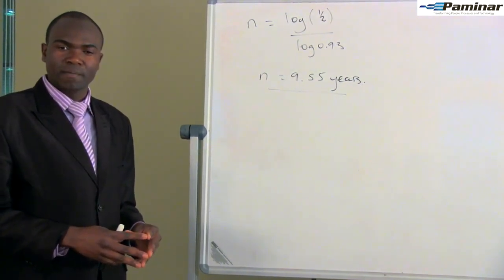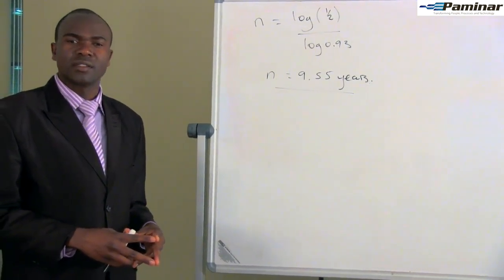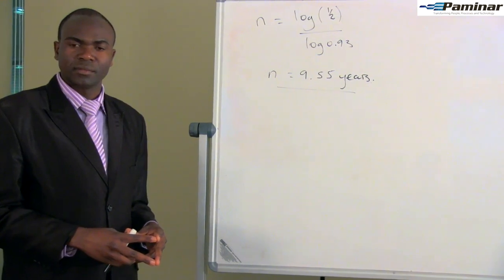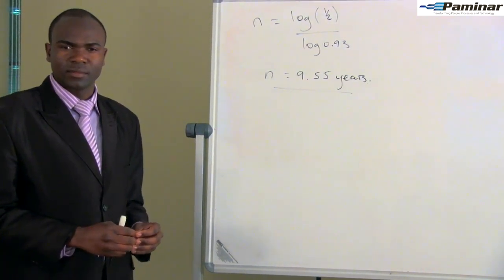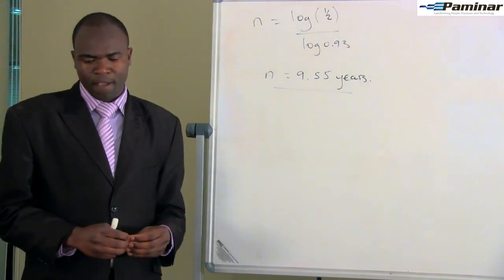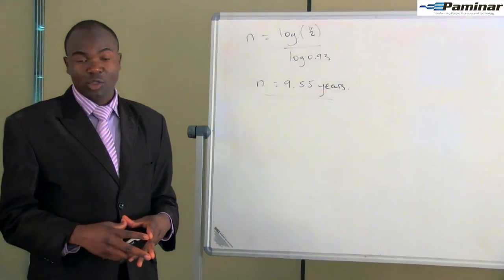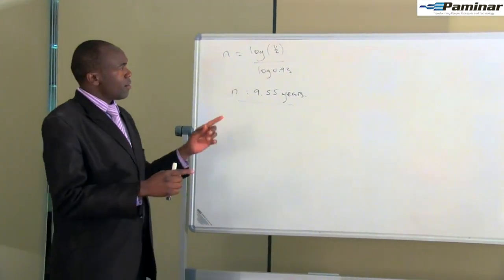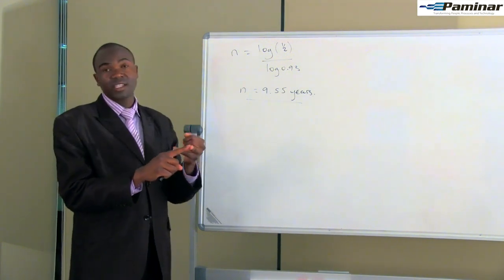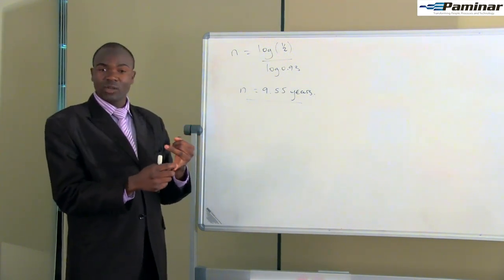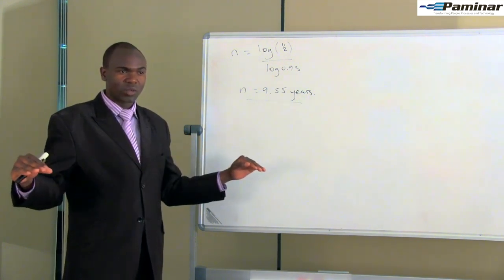Isn't it that here we are using the reducing balance method? Yes. So how can you tell which formula to use, since we're given 6 different formulas for financial maths? For this one, remember there's straight line and there's reducing balance. Straight line, the value is depreciated by the same amount throughout.